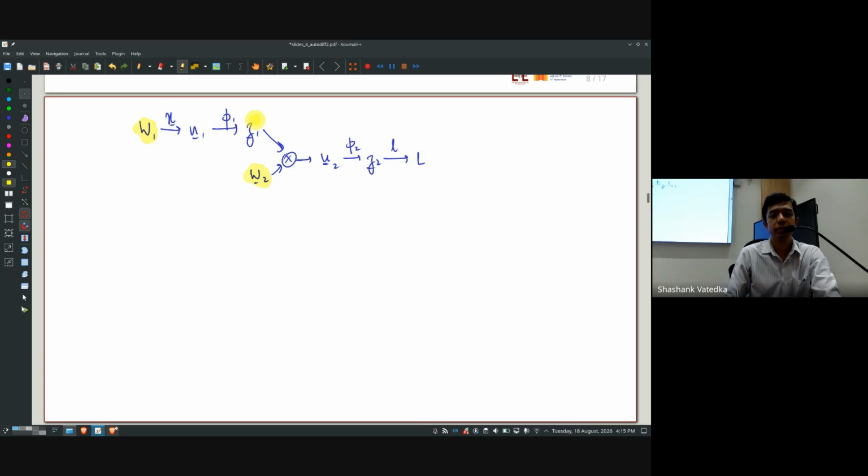And then you apply these various operations in order to get the final function L. So let's say we want to find the partial derivative of L with respect to W2. Then this is equal to the partial derivative of L with respect to Z2, times the partial derivative of Z2 with respect to U2, and so on. That's how you would propagate.